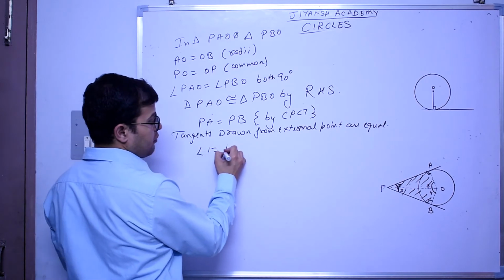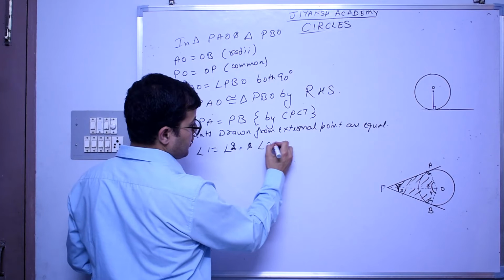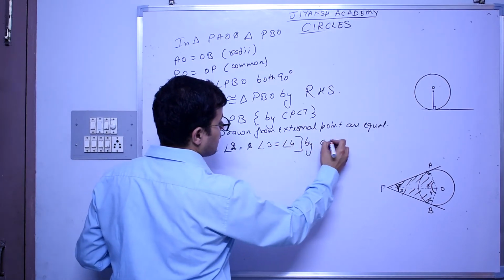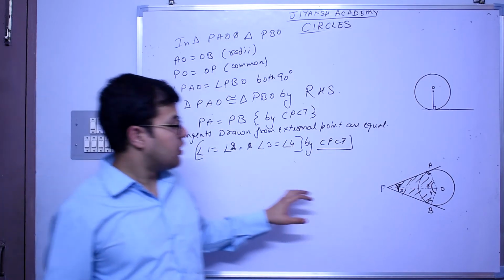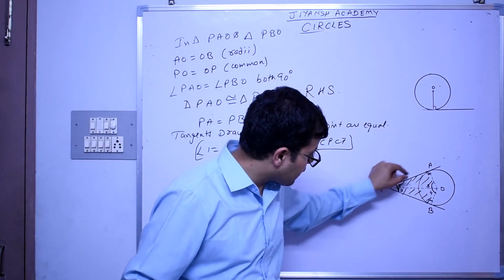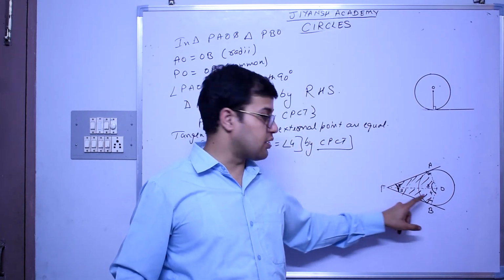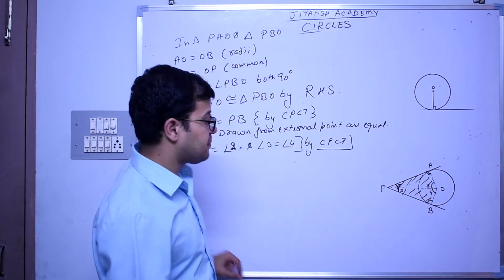So angle 1 will be equal to angle 2 and angle 3 also equal to angle 4 by CPCT again. So you can also prove one more theorem over there, that the angles formed between the tangents are equal at the center. So angle 1 is equal to angle 2 and angle 3 is equal to angle 4.